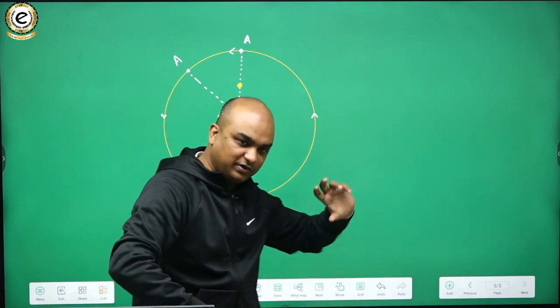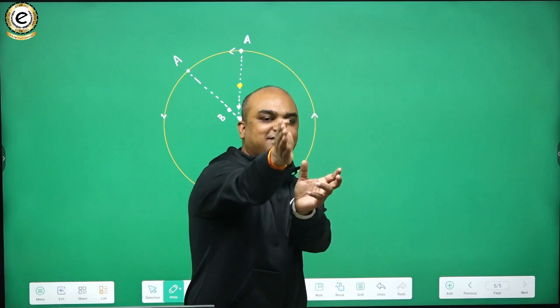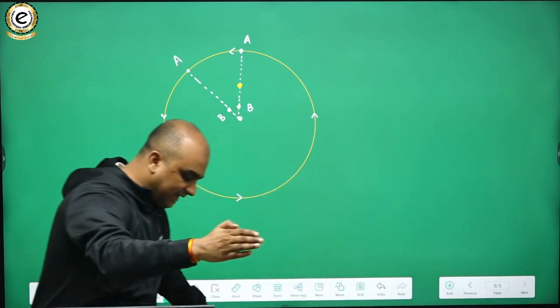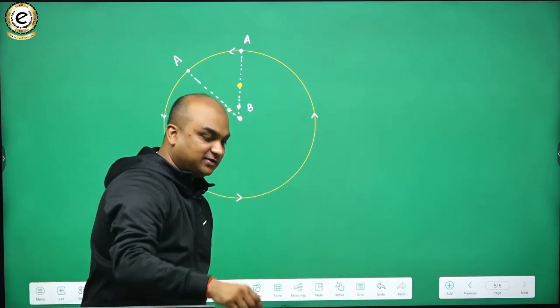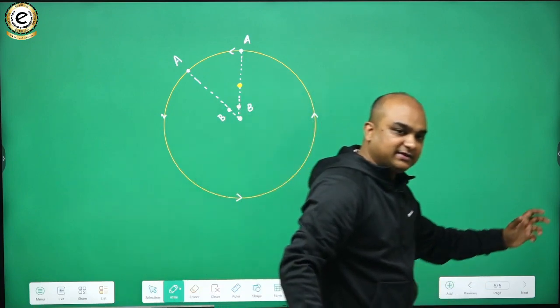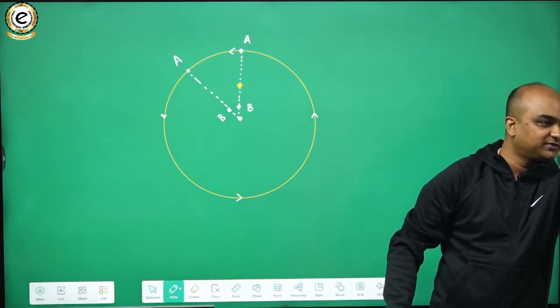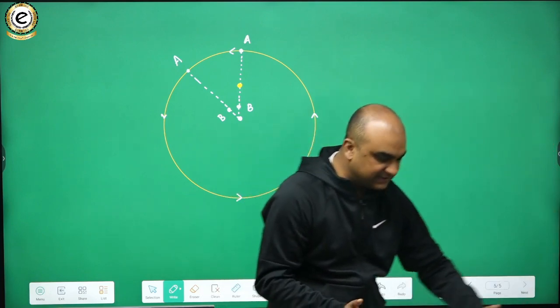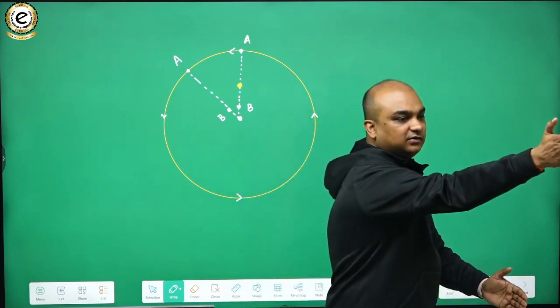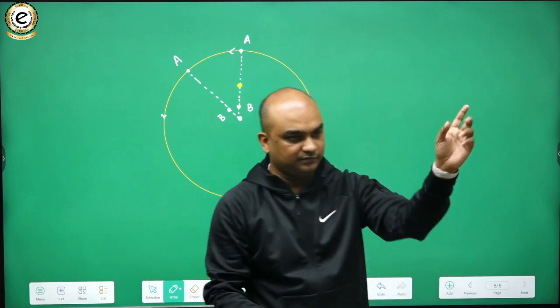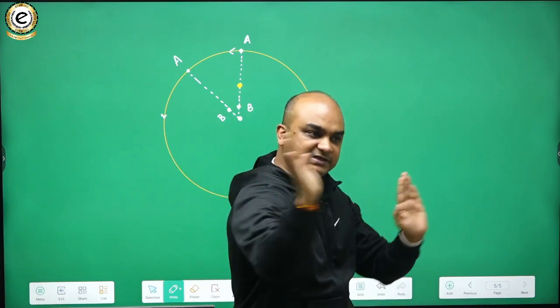So suppose I am throwing it like this, it won't travel like this. I picked it like this and want to throw it there. So I picked it like this and I went like this and I threw it like this. It won't go like that. It will go like this. Do you understand that? So whatever distance I travel, the ball will also travel horizontally. Apart from this distance, it will also travel this distance.